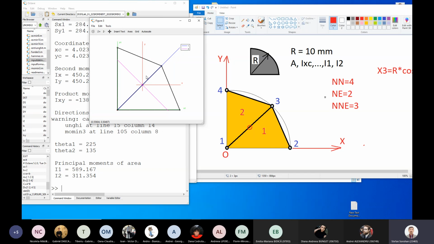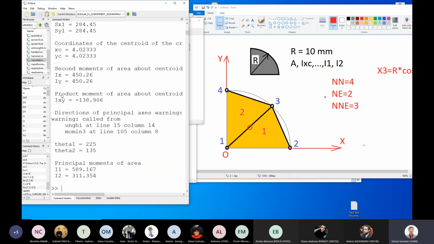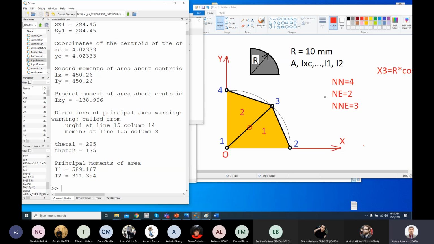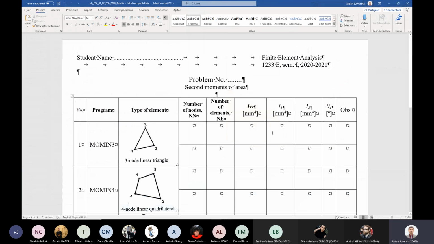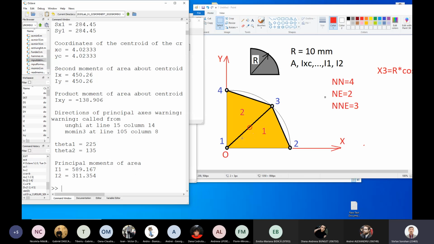It is this one, but it's the same. So these results will be put in the I1, I2, and just x1. This is for initial, and the theta here, just theta 1. And after that, you may start with a different mesh. A different mesh for the second line will be more accurate, with more nodes on this curved edge.